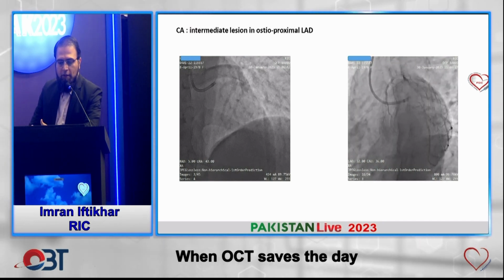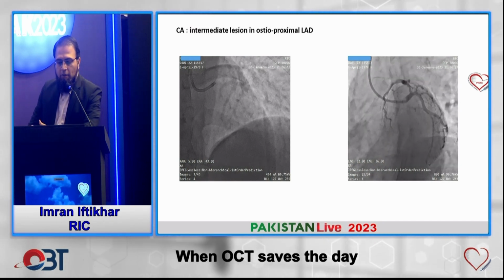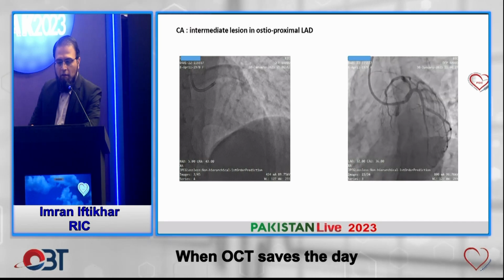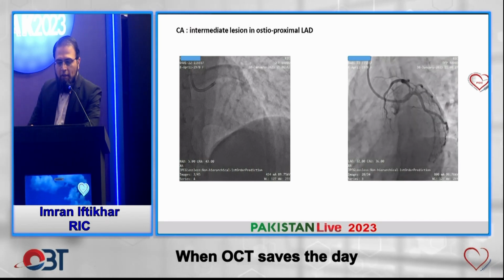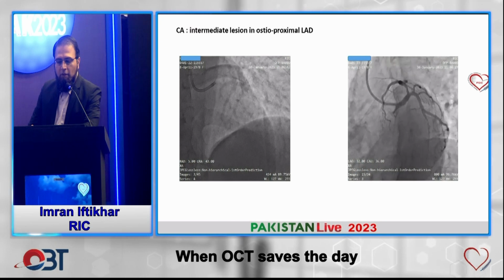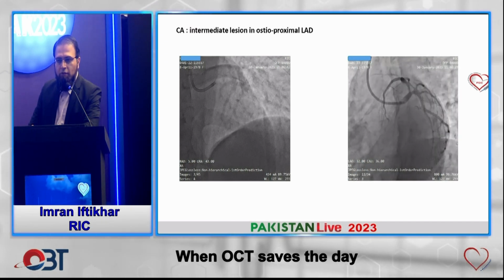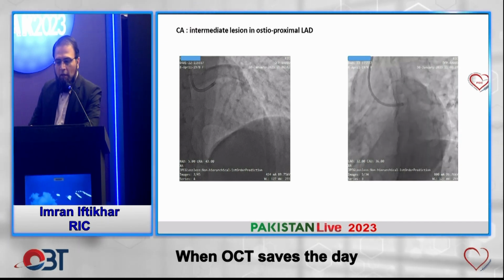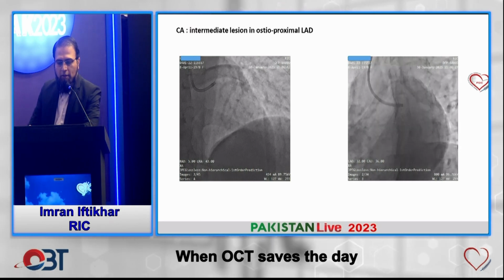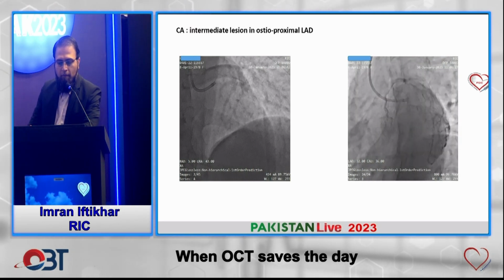If it's SCAD or IMH, then we can avoid stenting, keep the patient conservatively, redo an angiogram after 4 to 6 weeks, and avoid dual antiplatelet therapy.